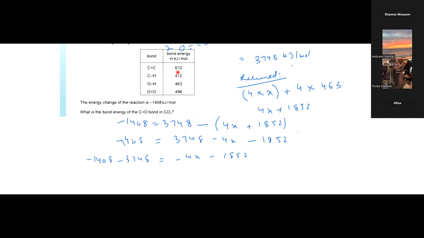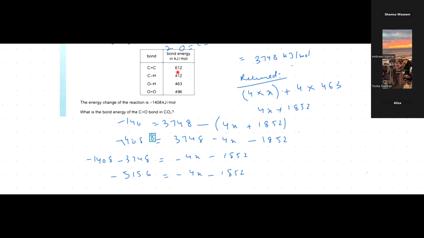So 1408, minus minus, we just have to add this together. 1408 plus 3748, minus 5156 is equal to minus 4x minus 1852. Okay.